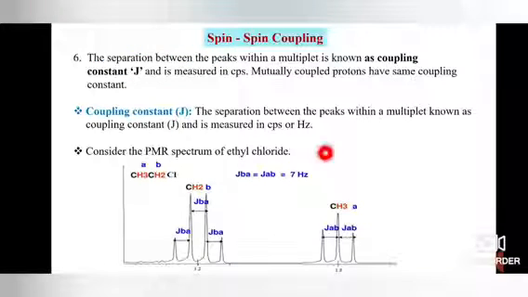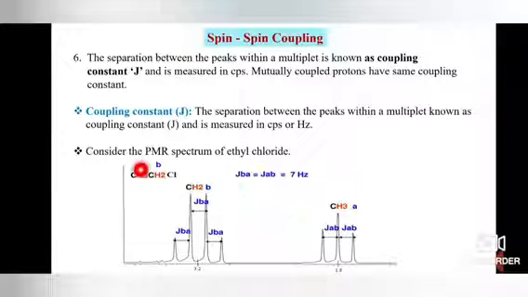The separation between the peaks within a multiplet is known as the coupling constant J, and it is measured in CPS or Hertz. Mutually coupled protons have the same coupling constant. For example, here the PMR spectrum of ethyl chloride is given. This is the peak due to the B protons, that is the CH2 protons, and this is the peak due to the methyl protons, let's call them the A protons.